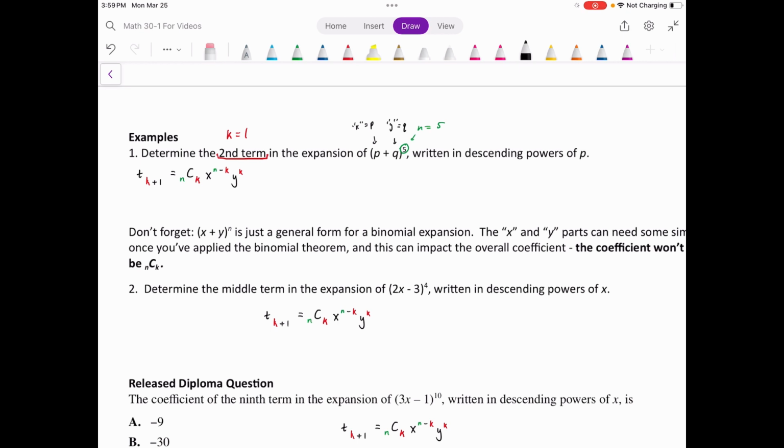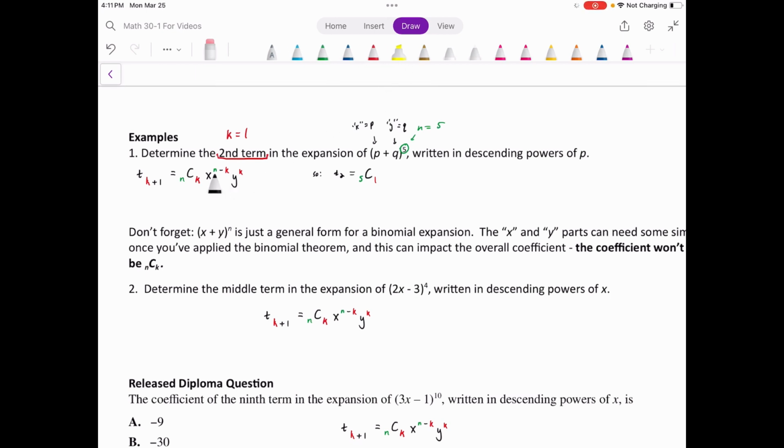We know we're looking for T2, the second term. It will be n choose k. Maybe I'll write it up here where I have a little more room. So T2 will be n choose k. n is 5, and we're looking for the second term, so k is 1: 5 choose 1.